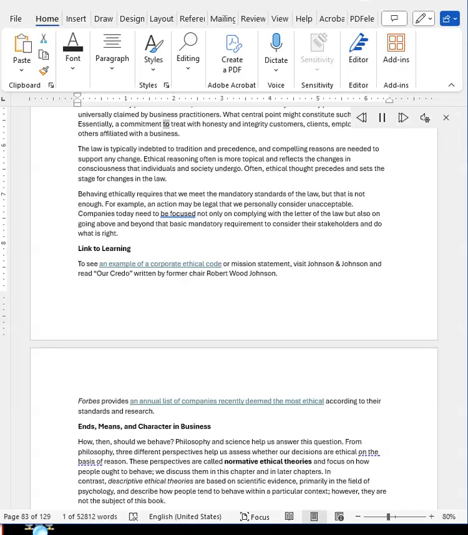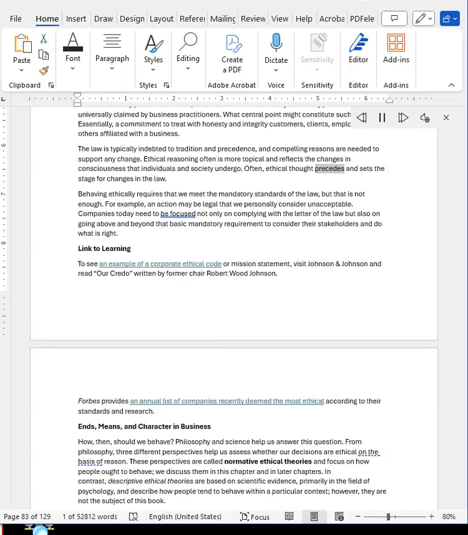Essentially, a commitment to treat with honesty and integrity customers, clients, employees, and others affiliated with a business. The law is typically indebted to tradition and precedents, and compelling reasons are needed to support any change. Ethical reasoning often is more topical and reflects the changes in consciousness that individuals and society undergo.